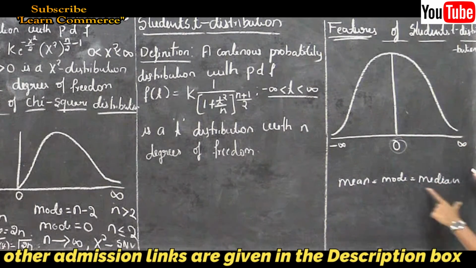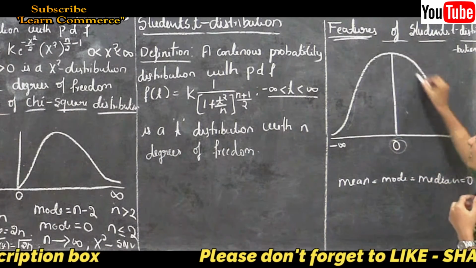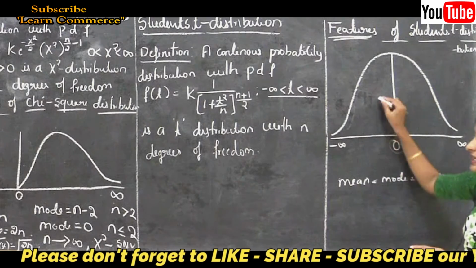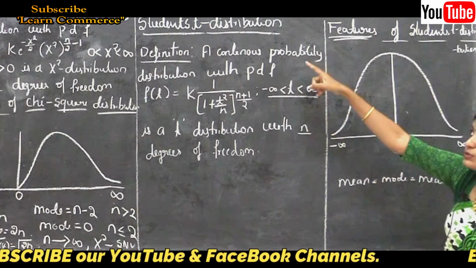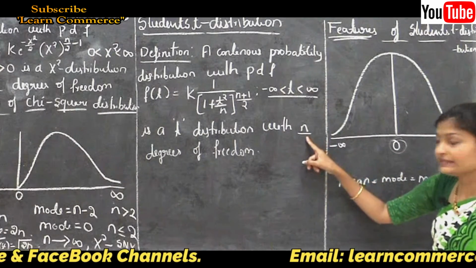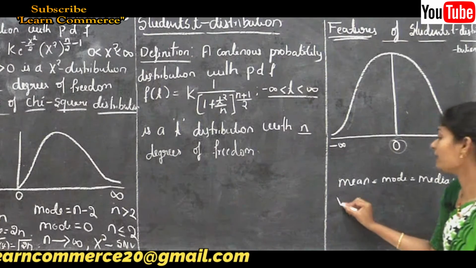So, here mean, median, mode are equal to 0, and the area under the curve is equal to 1. Then this is with n degrees of freedom. So, the parameter of student t distribution is also n.